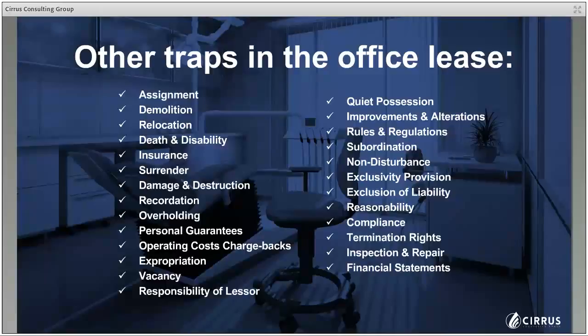You'll see on the illustration in front of you a number of other significant articles that can be trapped in your office lease agreement. All of these articles need to be dental specific, and they need to be carefully reviewed for any potential red flags or any potential problems that are inherent in these clauses.